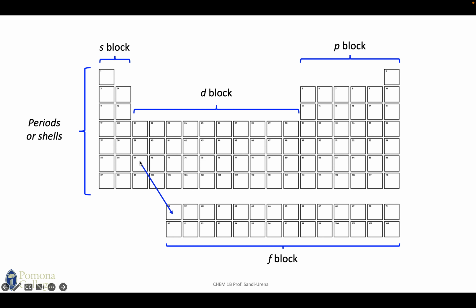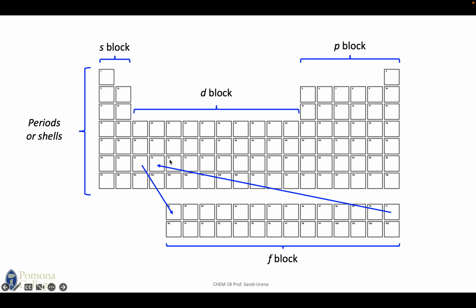That means the last electron added to this element was a D electron, but the next element's electron goes to an F block. We have 14 elements in this F series, and then from 71 it jumps back to 72. So it adds one F electron in 71, and the next one goes to a D orbital.